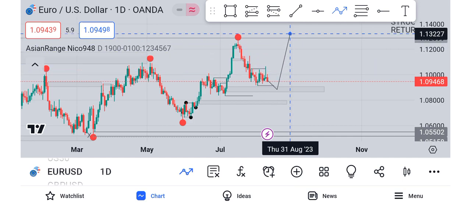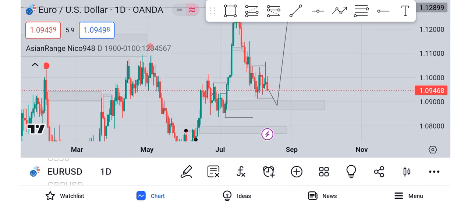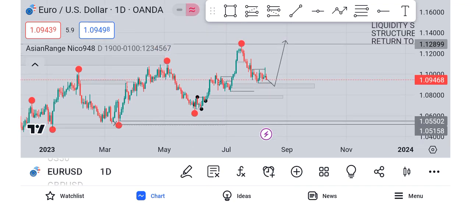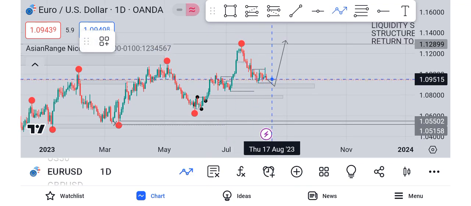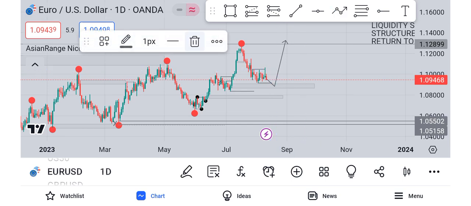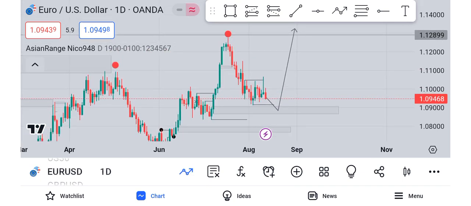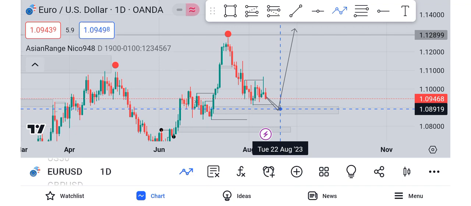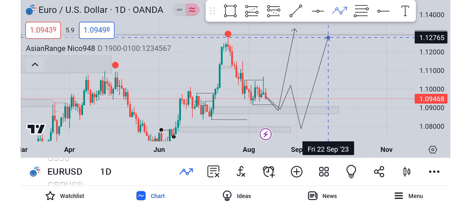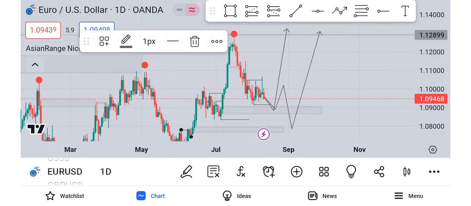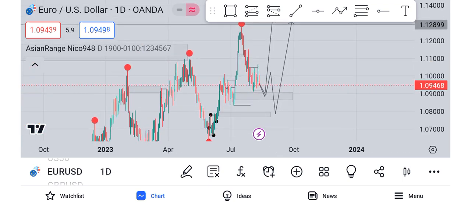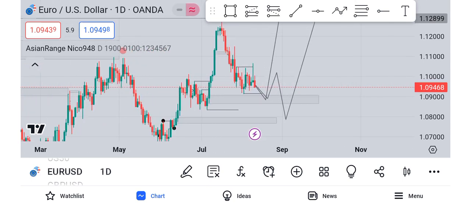The market just created inducement for this demand zone. The second scenario is this. This is my scenario on the daily time frame.